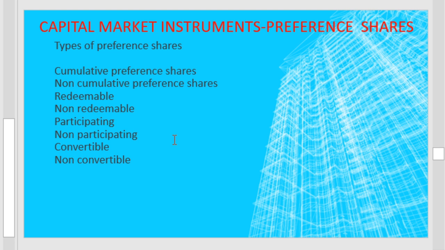The next one is participating preference shares. Participating preference shares have the right to participate in any surplus profits of the company after paying the equity shareholders, in addition to a fixed rate of dividend.